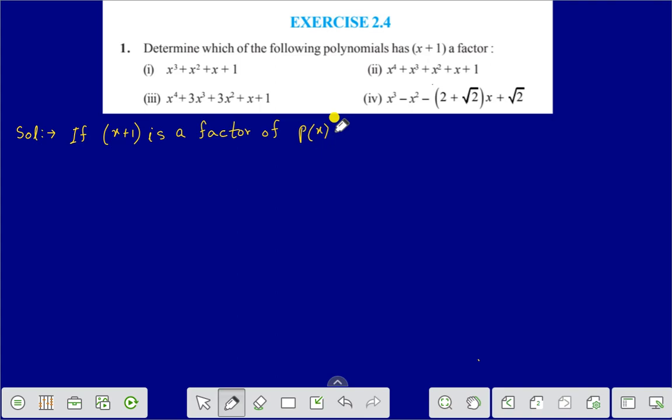that is equal to x cube plus x square plus x plus 1, then p(-1) must be 0.